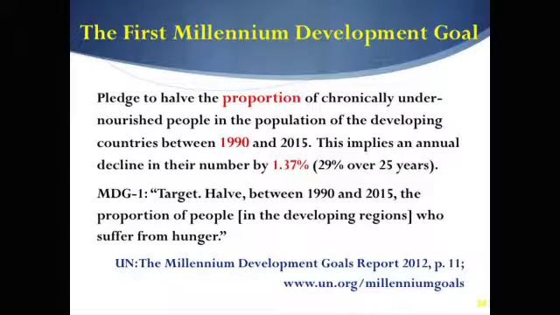One was to backdate the baseline to 1990, and the other one was to formulate it in a proportion to the population of the developing countries, which means that the halving is much easier because the population of the developing countries grows very substantially between 1990 and 2015. And with that growth in the denominator, less work needs to be done in terms of reducing the numerator in order to get the halving of the proportion. Right? Is that clear?